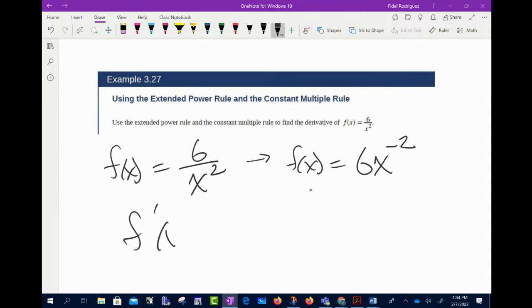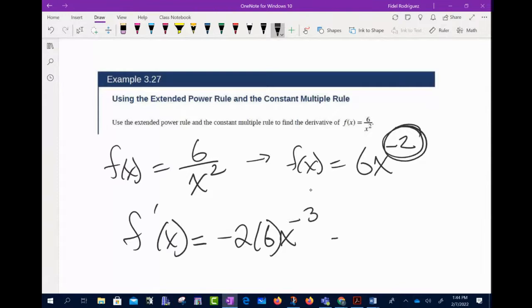Okay? So if we were going to find our derivative, what do we say we do with this number here? Bring it down. So we have negative 2, now we already had 6. And then what are we supposed to do with that exponent upstairs? We're going to subtract 1. So we already have negative 2, negative 3, right?